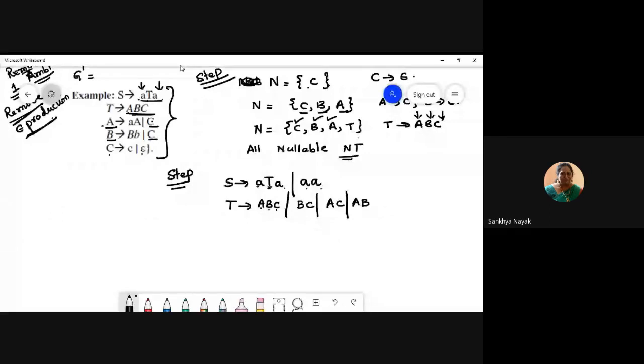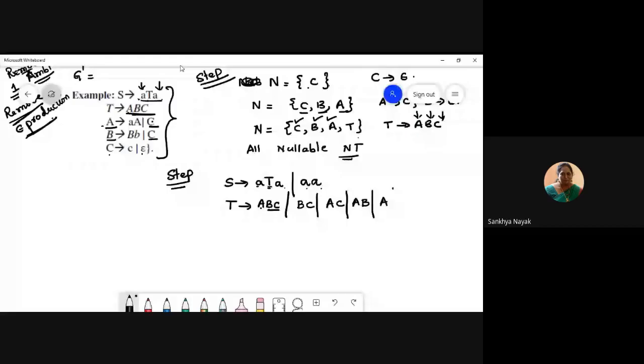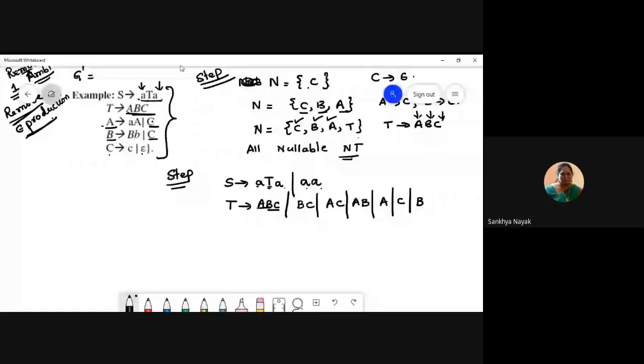And also I can have two of them null at a time, right? So I may have B and C as null, in which case I am putting A. I may have A and B as null, in which case I am left with C. A and C can be null, in which case I am left with B. So this is the modified production. I have all of them not being null, or one of them being null, or two of them being null.